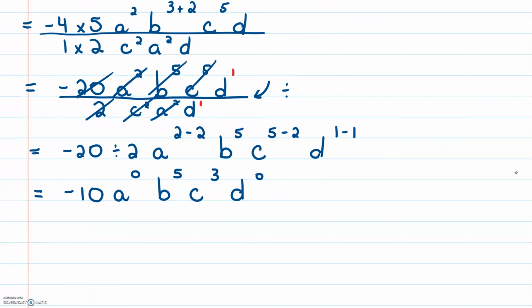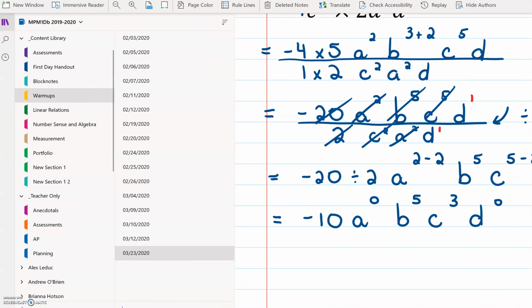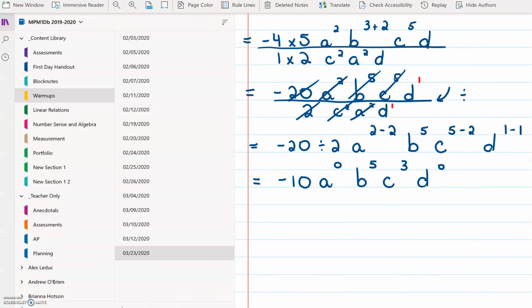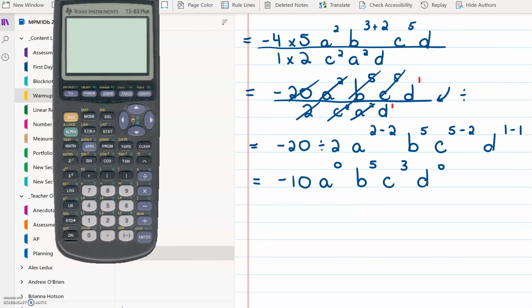Now, here's the thing. You guys like to guess what the answers are sometimes, so you have to be very, very careful. If I switch a to any number, if I say a is 15, for example, well, if you try 15 to the power of 0, you're going to see that anything to the power of 0 is always the same answer. So 15 to the power of 0 is 1.